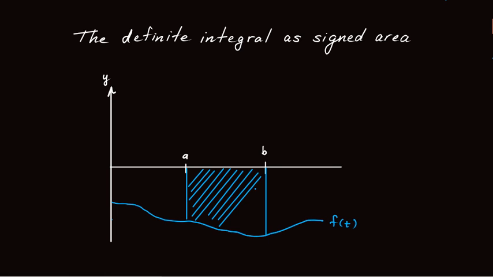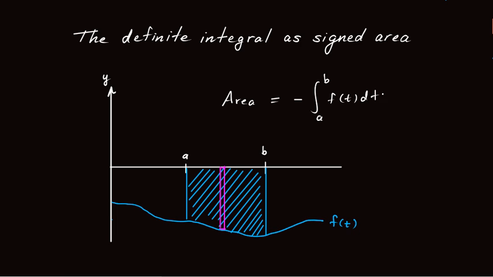But because the heights of the little rectangles that we use to approximate this integral are now negative because they're below the x-axis, this area is the negative of the integral from a to b f of t dt.